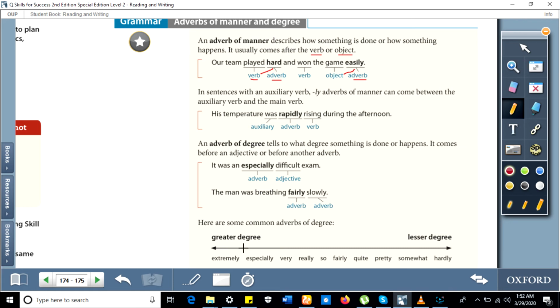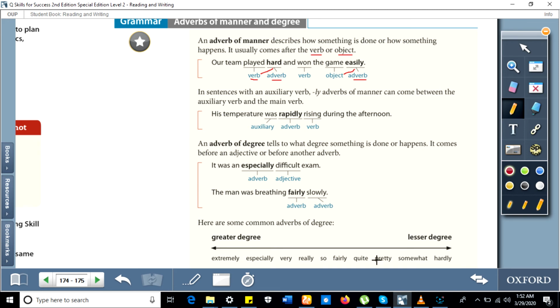For example, here extremely, right? Especially, so a greater degree here and a lesser degree here. If you want to use hardly: I hardly see Mr. Ahmed nowadays. So hardly means I usually don't see him. So this is the lesser degree here and the greater degree here.